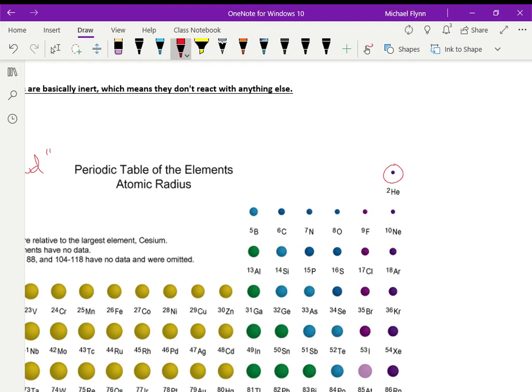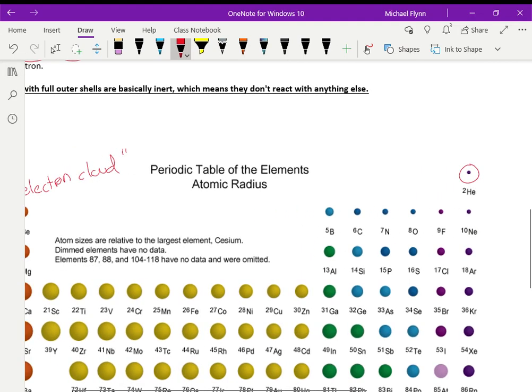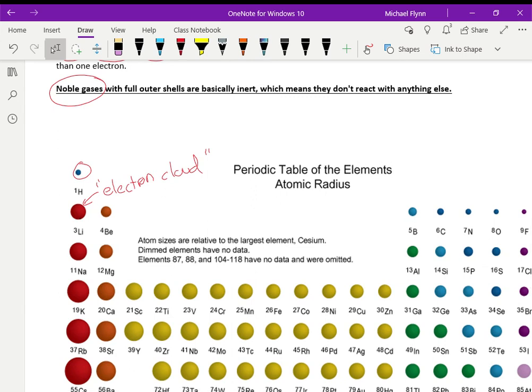The reason is that it has an extra proton in the nucleus to pull its valence electrons in closer. Positive and negative attract. So the more positive charge you have, the more you pull on the valence cloud and bring it close to you. So helium is heavier than hydrogen, but it's also smaller in size.